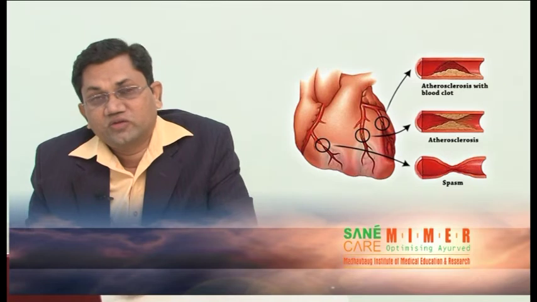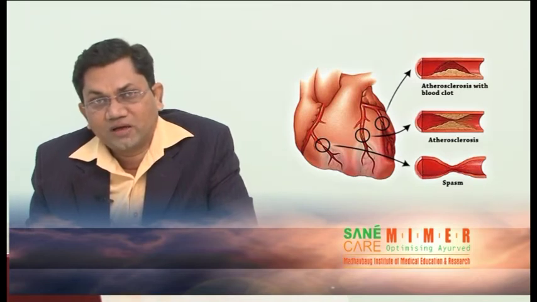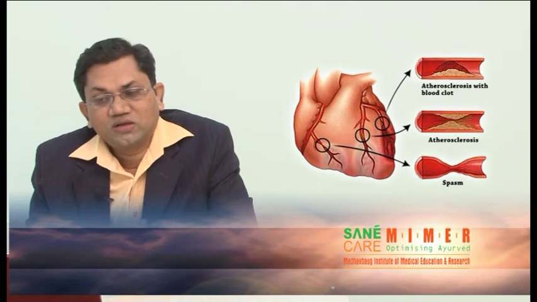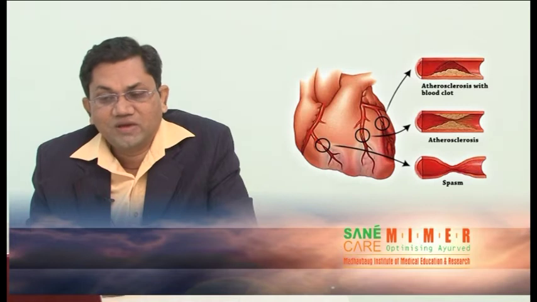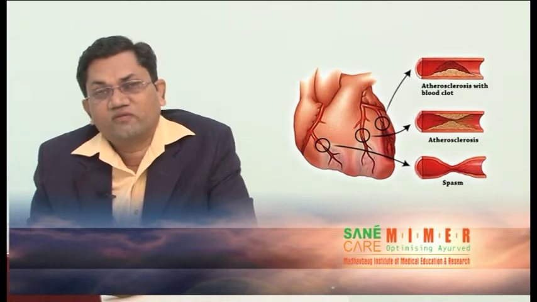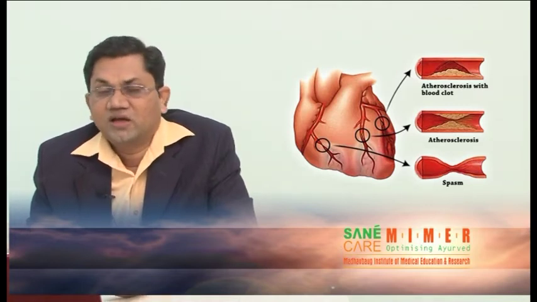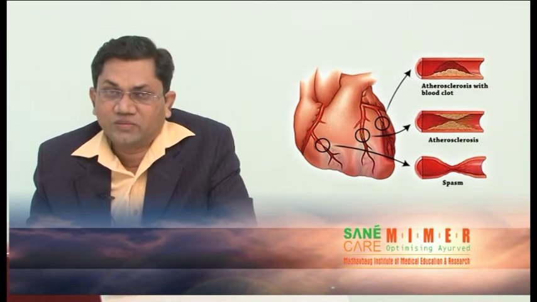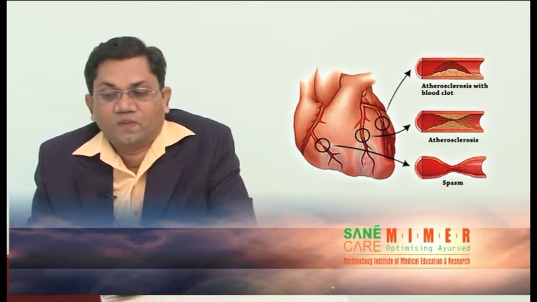This spasm also can stop the blood supply to part of the myocardium completely. So in all these different pictures, there are different possibilities of a person having ischemia in the presence or absence of atherosclerosis.